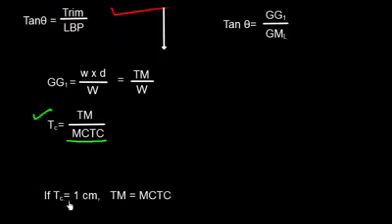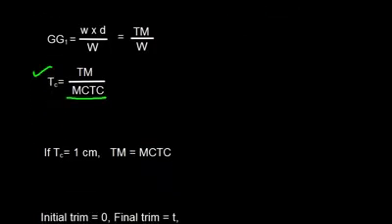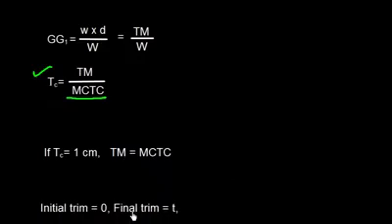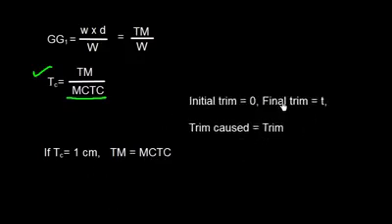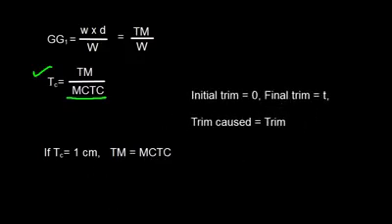So if TC is 1 centimeter, we have trimming moment equal to MCTC. Well, we just assume that TC is 1 centimeter. Now, suppose the initial trim was 0. The ship was at even keel, and the final trim is say T. So the trim cost will be equal to trim.